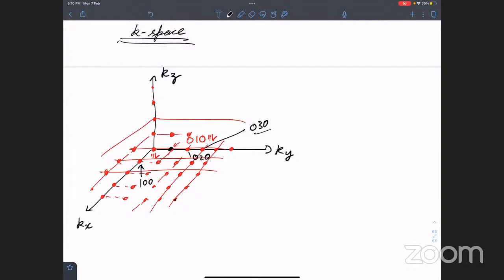So even here, my Pauli exclusion is not violated, right? Because each dot here will have a unique set of nx, ny, nz quantum numbers, but each can have upspin, downspin.